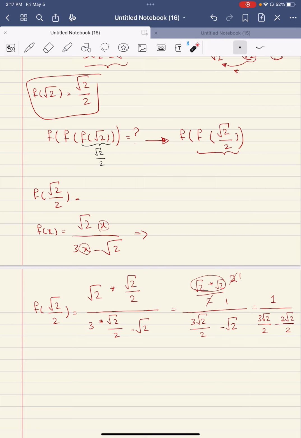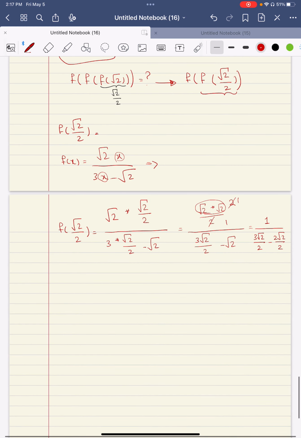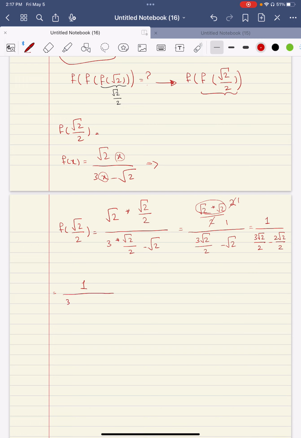So I multiplied a 2 to the numerator and the denominator of this root 2 in here to have the denominator showing the same amount. So 1 over 3 root 2 over 2 minus 2 root 2 over 2, which is 1 again over 3 root 2 minus 2 root 2, which is root 2 over 2.